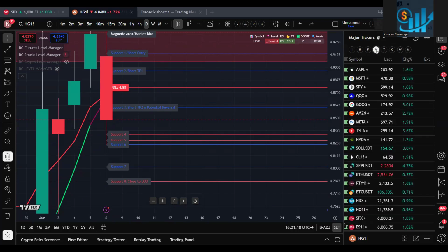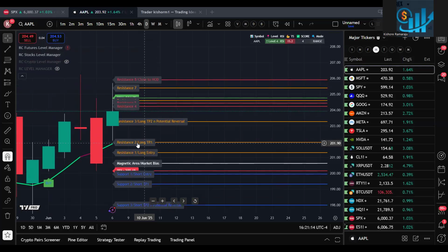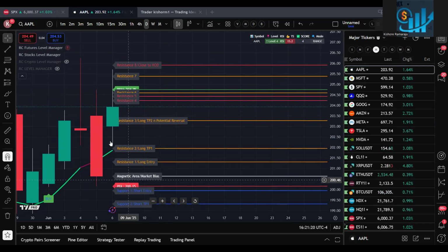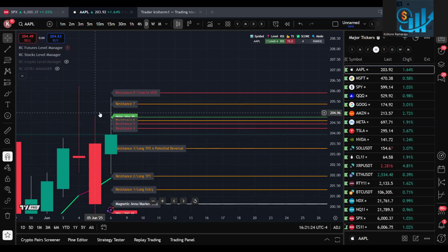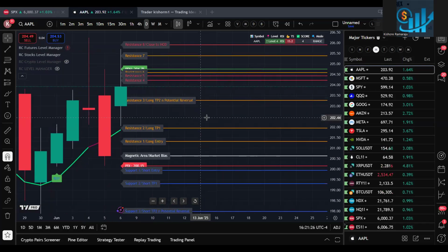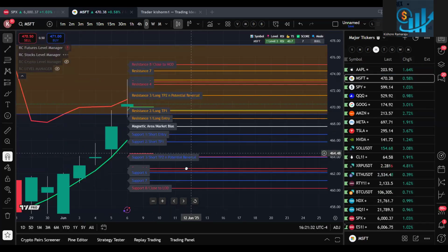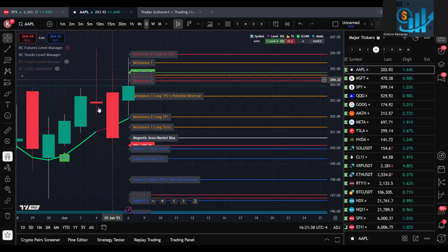In the same way, Apple was completely bullish throughout the day. It was completely above the magnetic area throughout the day. That means there is a high possibility the trend will continue in the same way. If I look at Microsoft, it is completely bullish. So this is my scenario one. Apple is my scenario one.